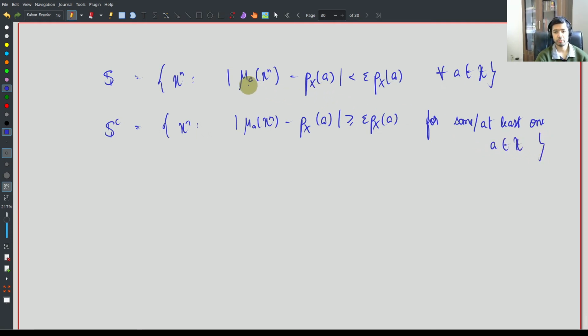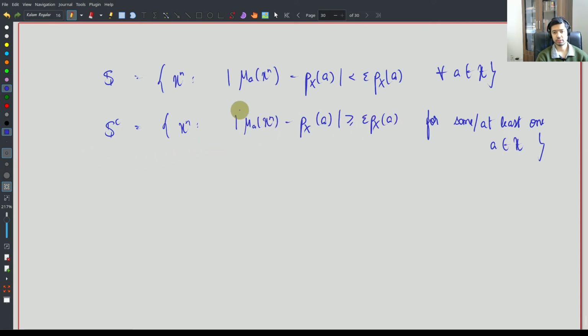So S complement is the set of all sequences for which this property is violated, or in other words, this property is violated for at least one a, right? If it is not violated for any a, then of course it lies in S. If this property is violated for at least one of the symbols, then it is in the complement.